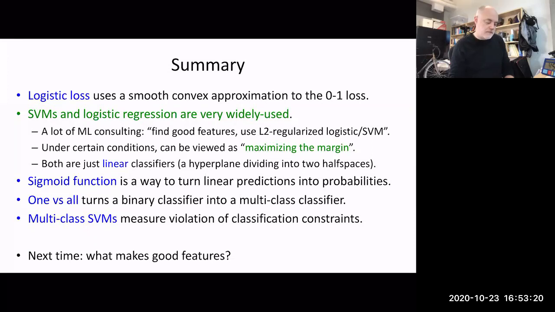If you're unfamiliar with it, get familiar with it as a way to turn linear predictions into probabilities. We talked about how to do multi-class classification via one versus all construction, and then we said we can learn better parameters for one versus all classifiers by constructing loss functions that explicitly encourage compatibility of scores.